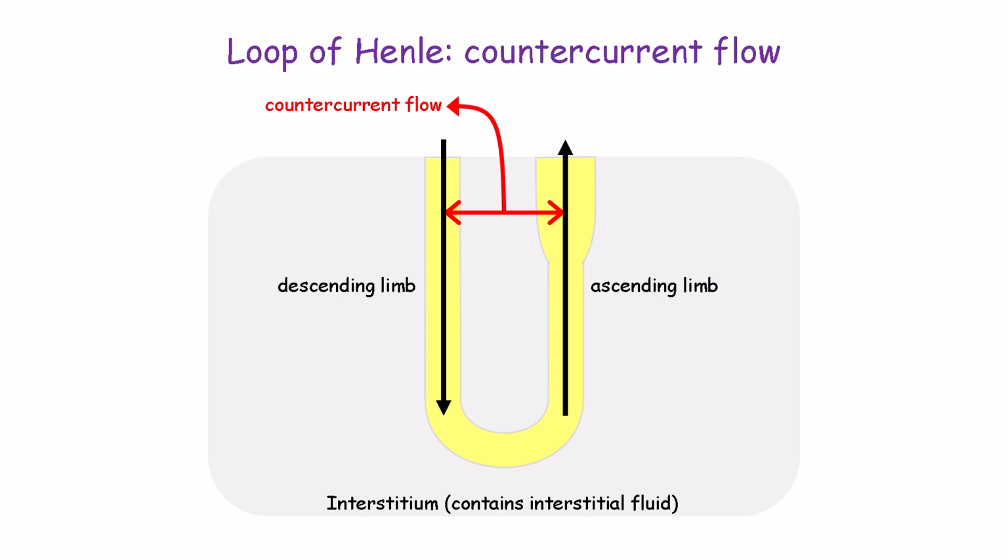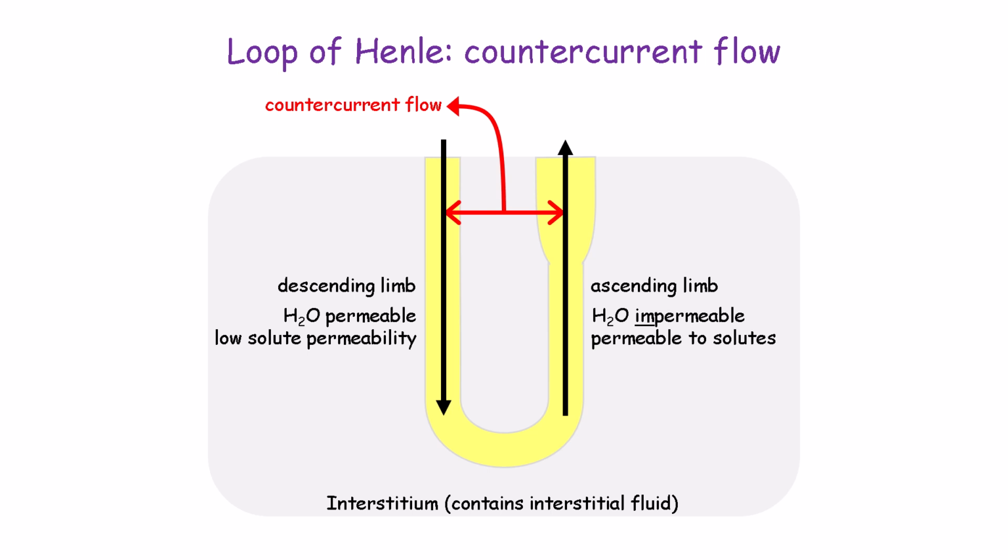The epithelial cells lining the loop of Henle regulate its permeability to water and solutes, and their properties differ between the two limbs. The descending limb is permeable to water but not to solutes, allowing water to leave the filtrate by osmosis. In contrast, the ascending limb is impermeable to water but permeable to solutes.